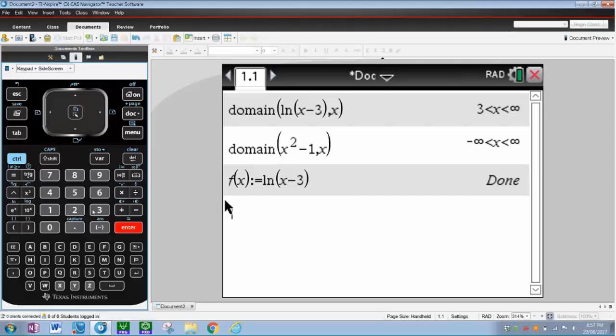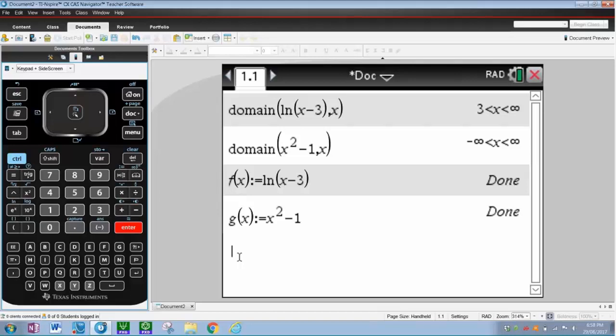Now let's repeat the same with g of x. g of x is assigned to x squared minus 1, and we can hit enter there as well. So we've got f of x and g of x defined in the calculator's memory. Of course, we could have done this at the start of the problem and then repeated our domain calculations with f of x and g of x rather than typing them in individually like I did before.